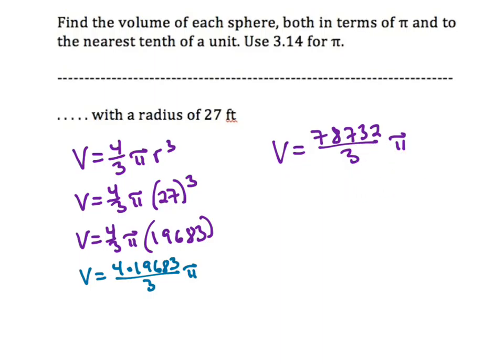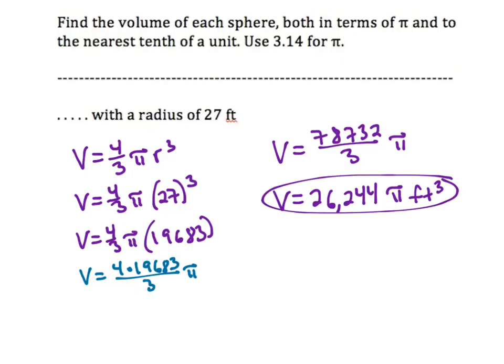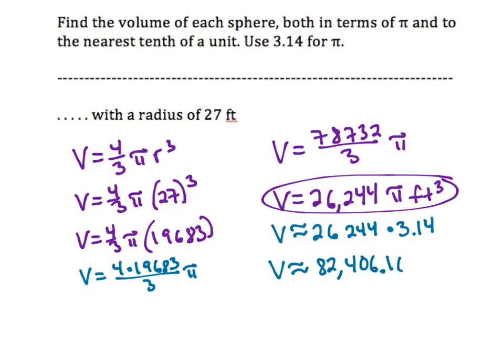Now I'm going to divide this by 3. Volume equals 26,244 pi feet cubed. There's my exact answer in terms of pi. Now to find it as a decimal, volume is about 26,244 times 3.14. Multiply that out, volume is about 82,406.2 feet cubed. Again, I messed up, but that is following the directions.